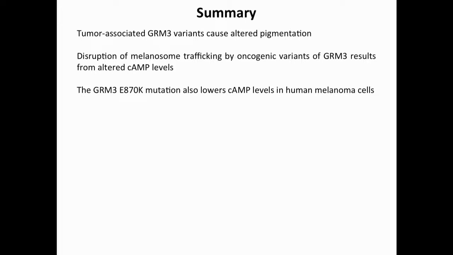So our results show that tumor-associated glutamate receptor variants cause altered pigmentation, and the disruption of melanosome trafficking by oncogenic variants of glutamate receptor 3 results from altered cyclic AMP levels, and that the E870K mutation also lowers cyclic AMP levels in human melanoma cells.